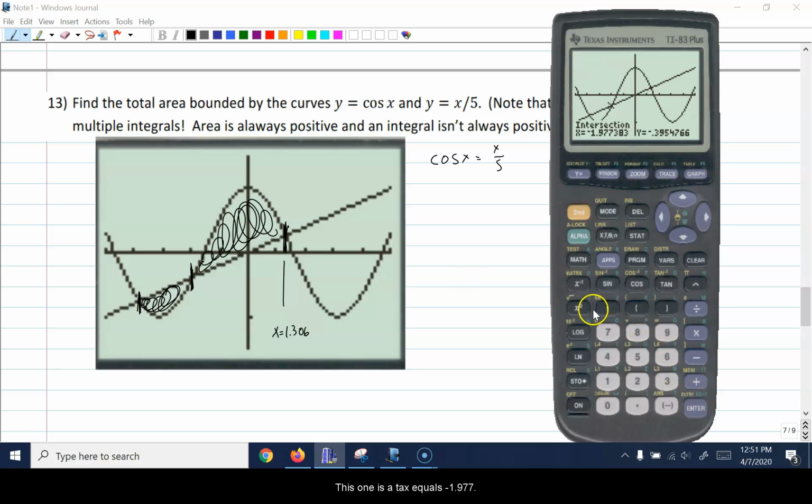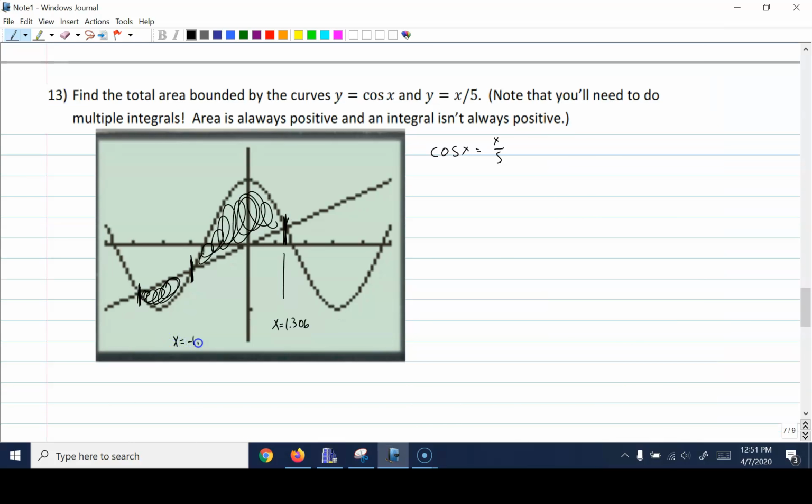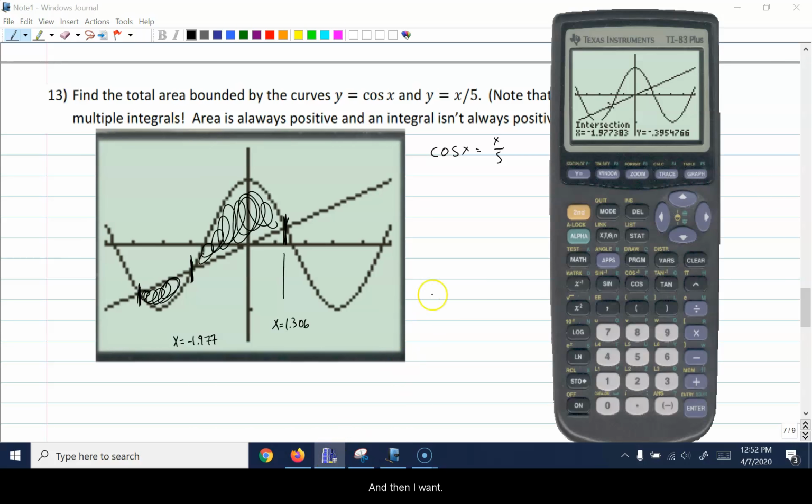This one is at x equals -1.977. And then I want to calculate the intersect between the first curve and the second curve over here. I've only graphed 2 functions, so I can just mash enter through that part. This one's at x equals -3.837.